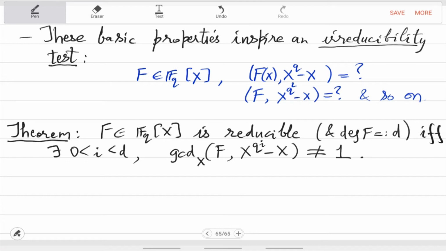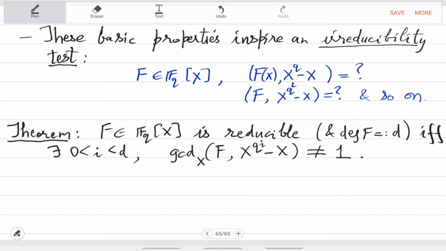Well, take i equal to 1. If you are taking the GCD with x to the q minus x, that is a degree q polynomial, right? So if you just use Euclid's GCD directly, then this will give you q in the time complexity.